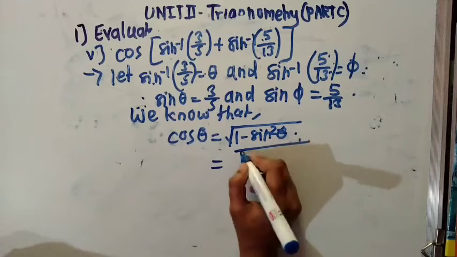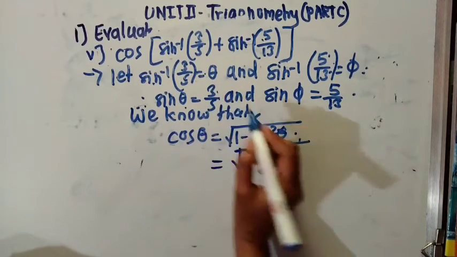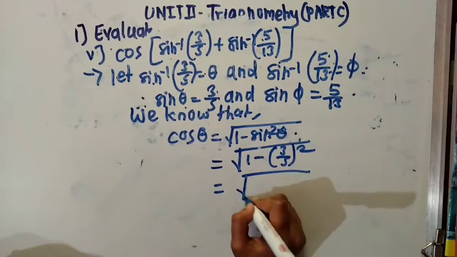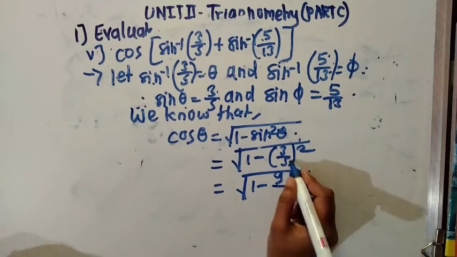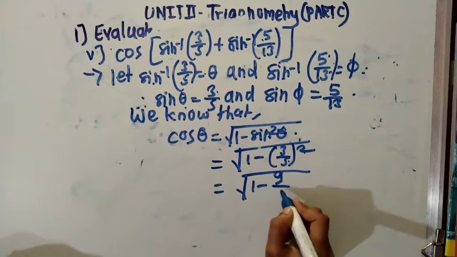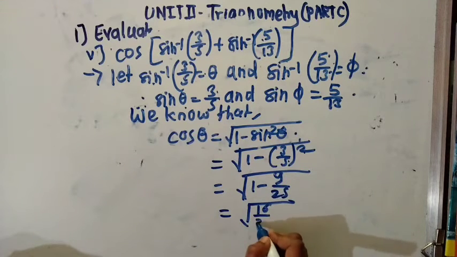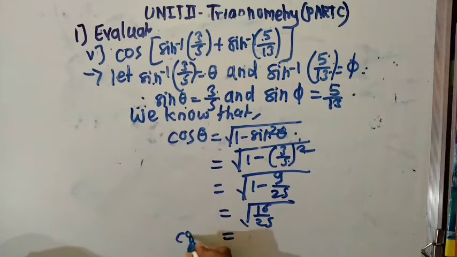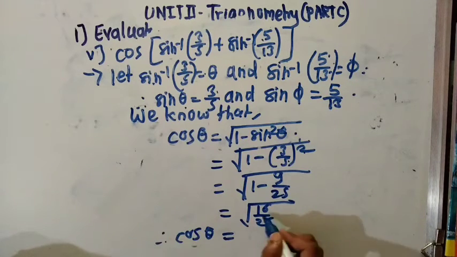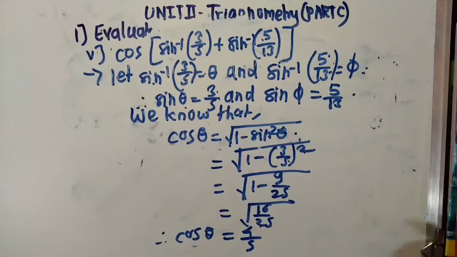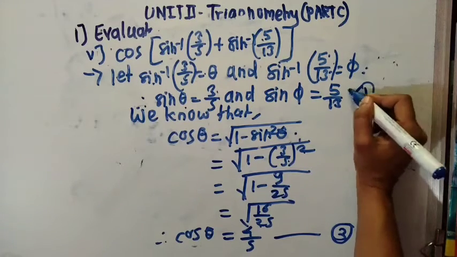Hence which is equal to root 1 minus sin theta, that is 3 upon 5 square, which is equal to root 1 minus 3 square 9, 5 square is 25, and 25 minus 9 is 16 upon 25. Hence cos theta is equal to root 16 is 4, root 25 is 5, 4 upon 5. Then this is first equation, this is second.